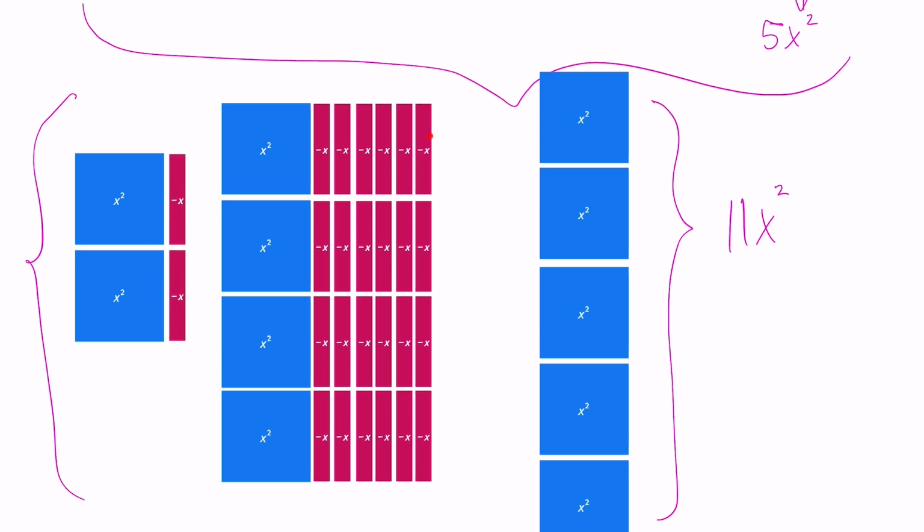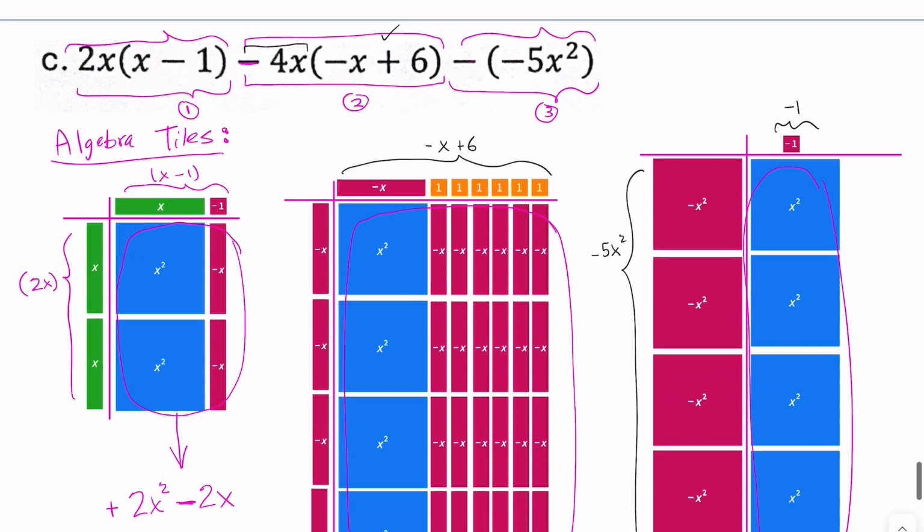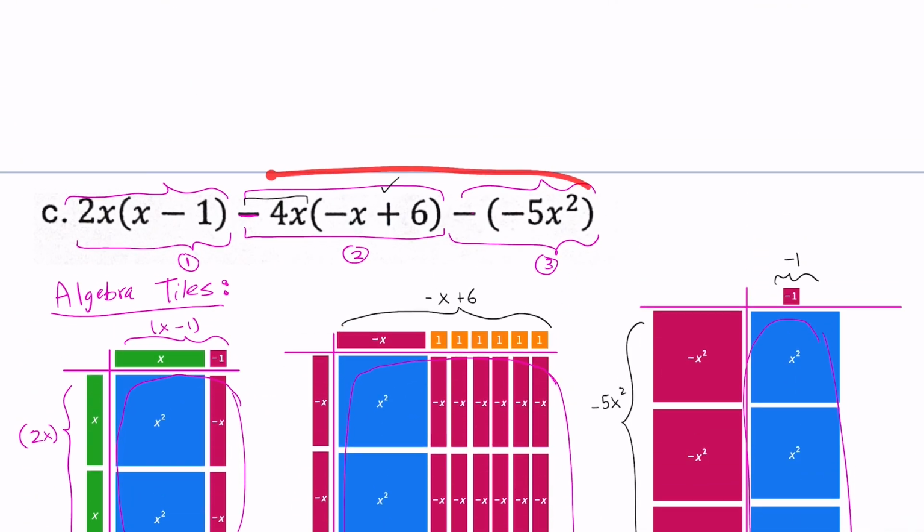And then here I have 1, 2, 3, 4, 5, 6 columns by 4 rows. So 6 by 4, that's 24 negative x's. And then I have also 2 here. So that's 24 and 2 is 26. So I'm going to get 26 x's and their negatives. So that's the final simplified answer to all of this right here.